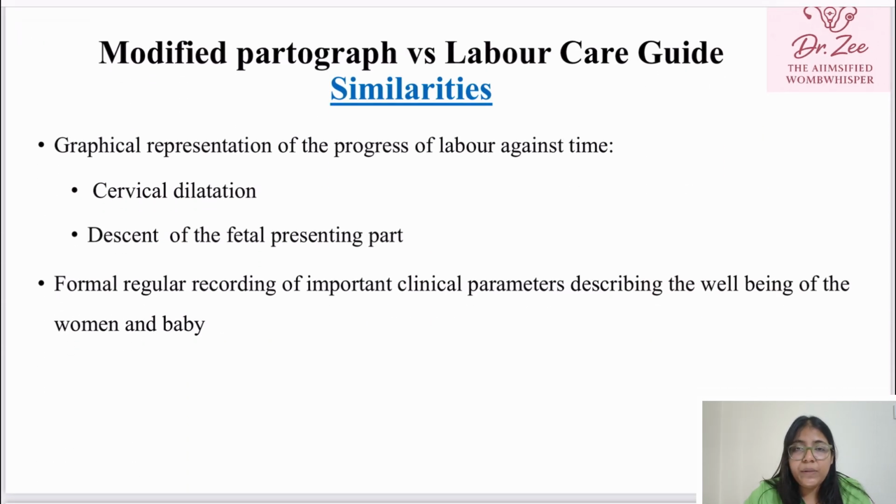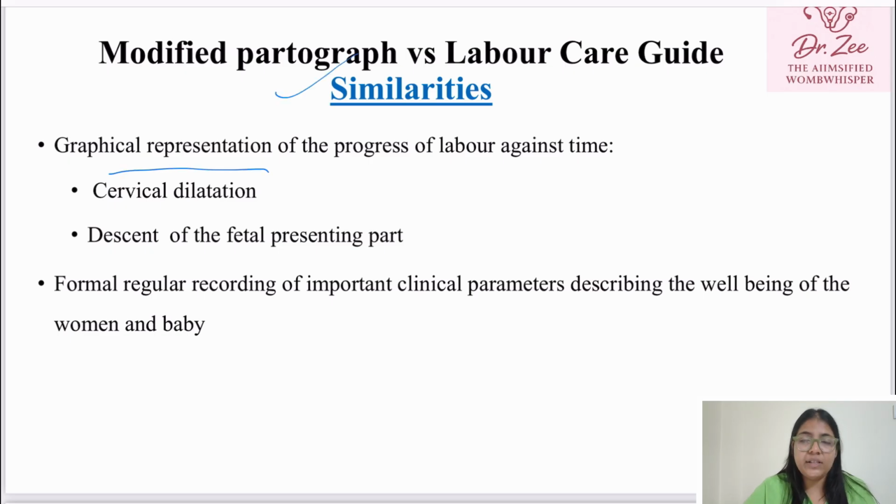If this topic comes as your theory question, and even in your practical viva exam, examiners may ask you about the advantages of the Labor Care Guide, similarities of the Labor Care Guide with the WHO modified partograph, and dissimilarities also. So you should be knowing it. So what are the similarities?